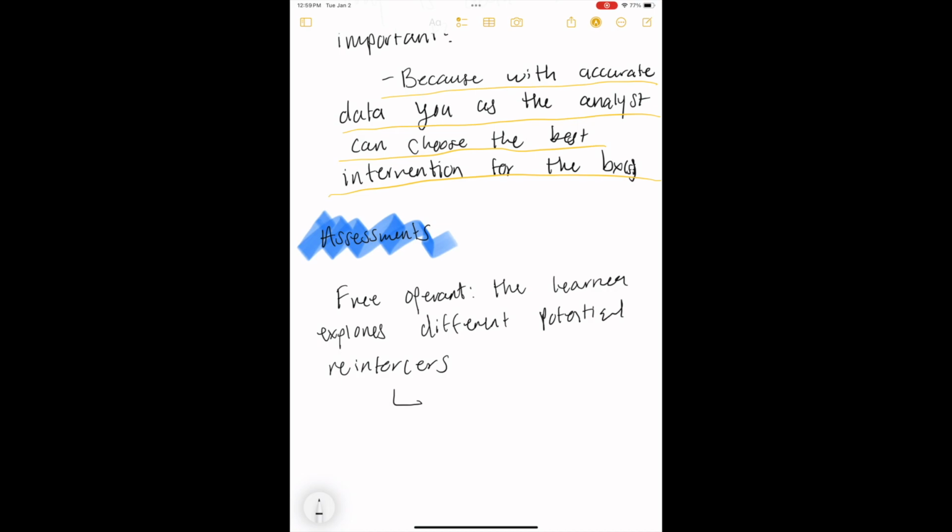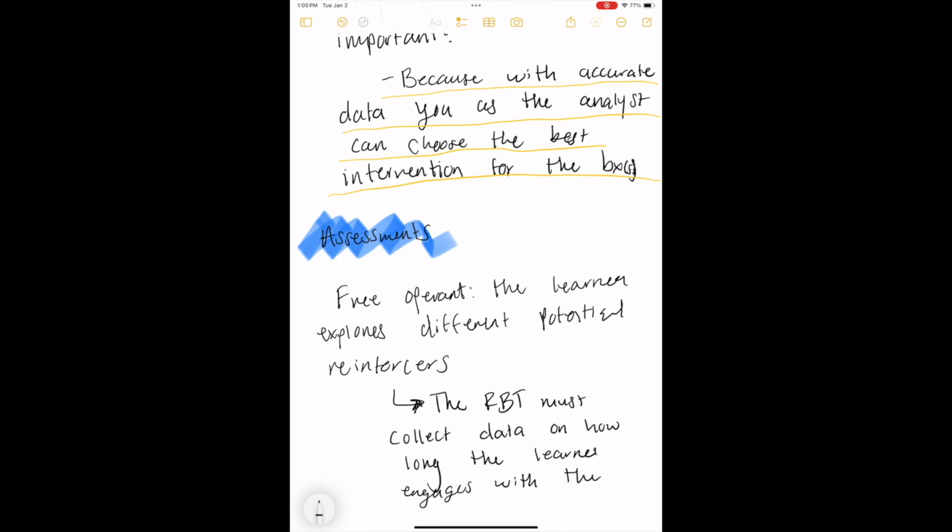So I'll write here, during a free operant preference assessment, the RBT must collect data on how long the learner engages with the reinforcer.